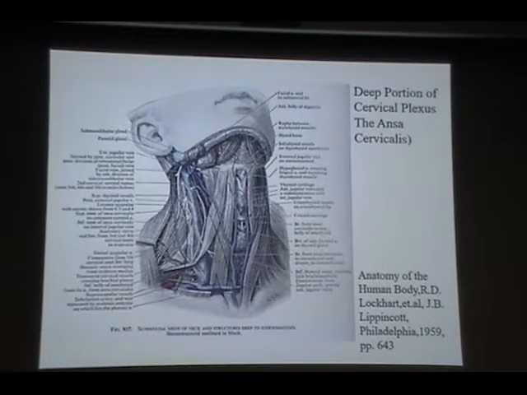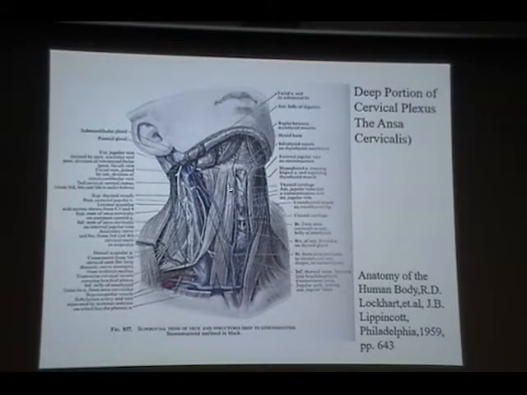So C1 is innervating musculature that also comes from somites here. These muscles we'll talk about shortly. These are what we refer to as the muscles below the hyoid bone, the infrahyoid muscles. So this is where some of the conflict comes in, anatomists saying whether this muscle is innervated by hypoglossal or by C1. Most anatomists would say C1.